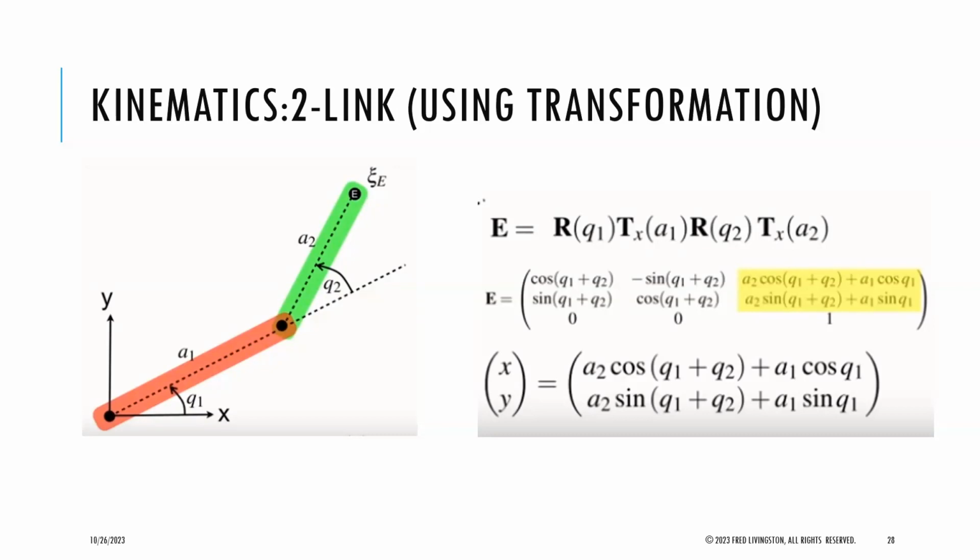Now I'm here, and I need to rotate again along the link, so there's another rotation. This is a rotation Q2, this is a rotation Q1, and then another translation A2, where the length of this is A2 and this is A1. And what do you get if you do the dot product? You still get a 4x4 matrix. You are always going to get a 4x4 matrix out.